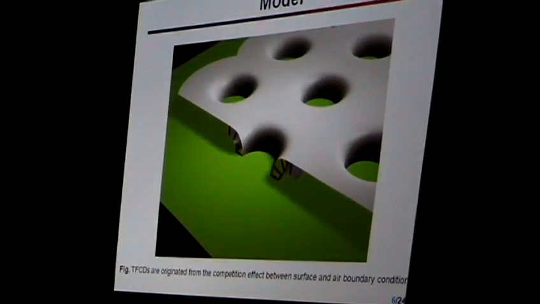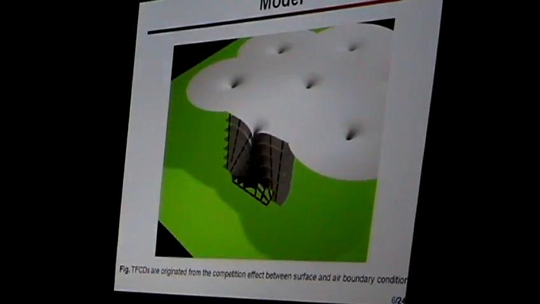And this is a simple model for that. As I told you, basically the molecules lie planar on the surface, while the homeotropically aligned molecules are in the air. And once this kind of template is formed, if more molecules are added to this surface, you can get these focal conic domains.